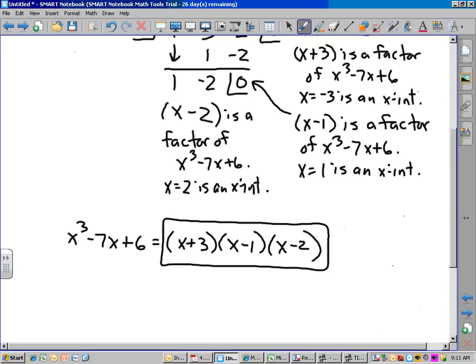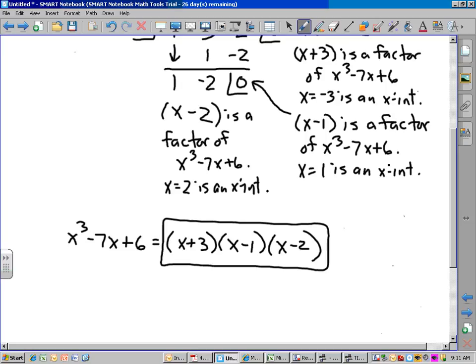And if we didn't have the calculator to tell us that those work, using the rational root theorem, we could find possibilities of zeros or x-intercepts that would work. And then once we get ones that gave us a remainder of 0, we could then show that without the use of a graphing calculator.